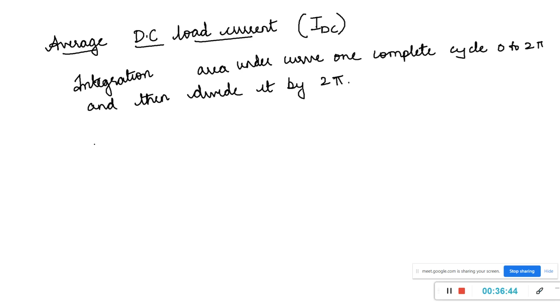So this is how we need to find the average values. We integrate for the area from 0 to 2 pi and then divide it by the base, that is 2 pi.